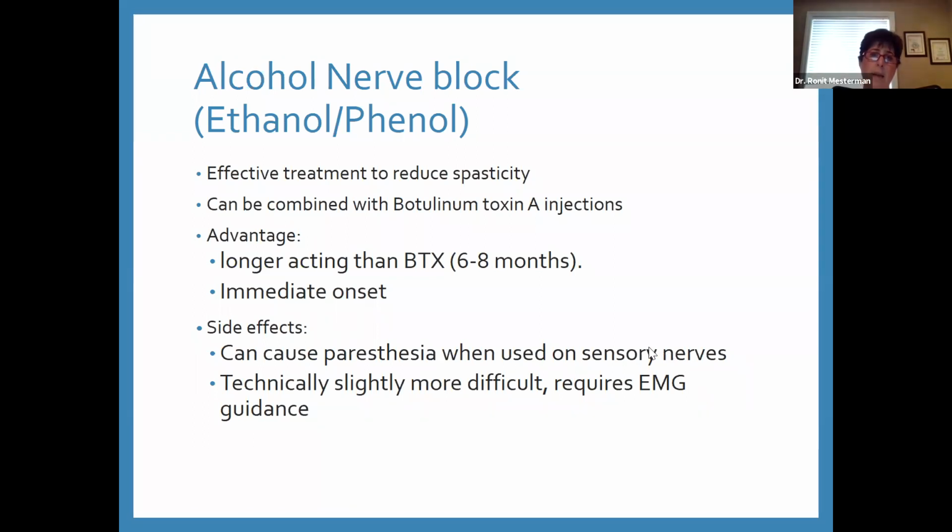So at McMaster, what we have now done for many years, at least 15 years, is that we are using the nerve block solely on the obturator nerve, which is a pure motor nerve, to help address adductor spasticity. And this is a muscle group that we often need a lot of amount. So freeing up this amount for other muscles makes a huge difference.